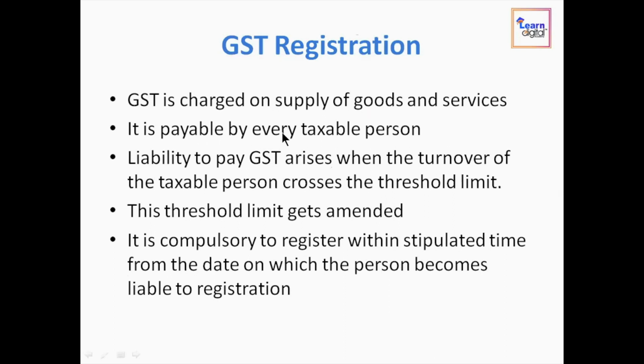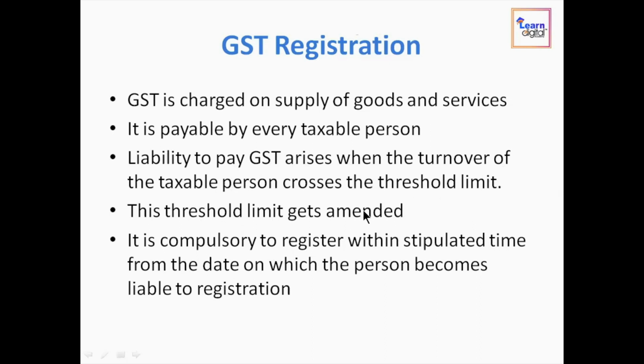It is payable by every taxable person. The liability to pay GST arises when the turnover of the taxable person crosses the threshold limit. So whenever the sales or turnover of the person crosses the threshold limit, and this threshold limit gets amended every now and then.